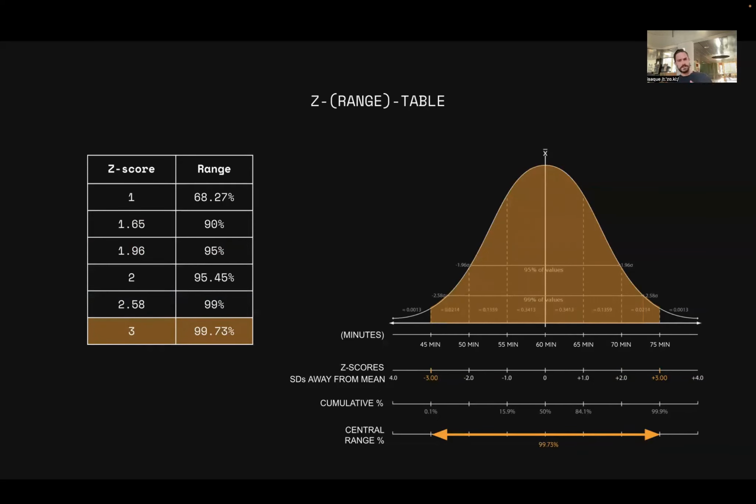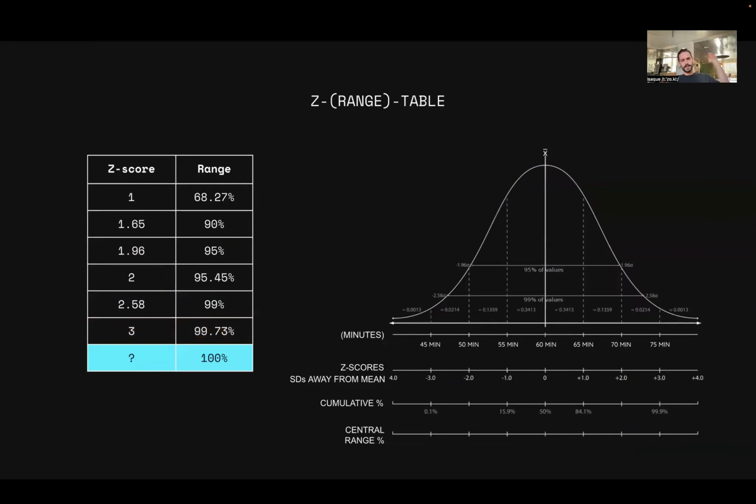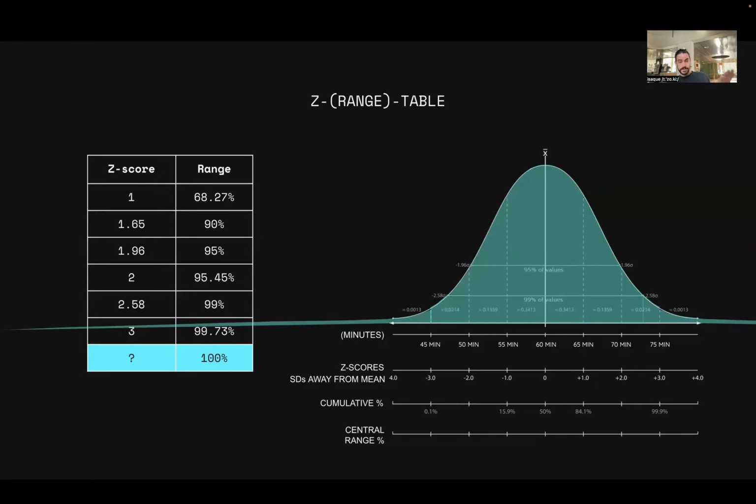Now, there's way more. There's like the 99.9, then there's the 99.99. But you might ask me, hey, Zaki, what's the number for 100% of participants? And I have to answer you with there's no number for 100% of participants because this line tends to infinity. As you can see, it goes outside of our slide. So the number here is infinity because it never ends. It never actually reaches 0.